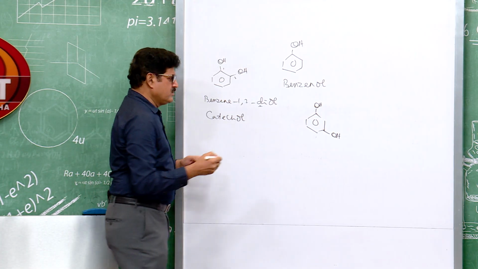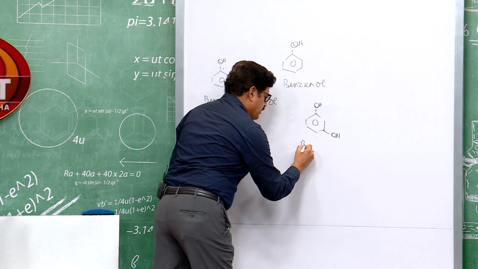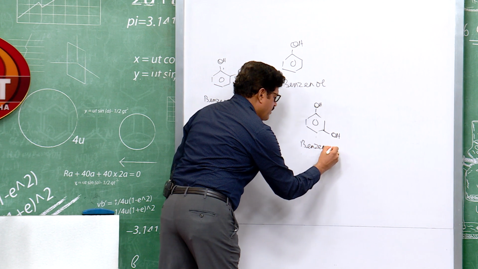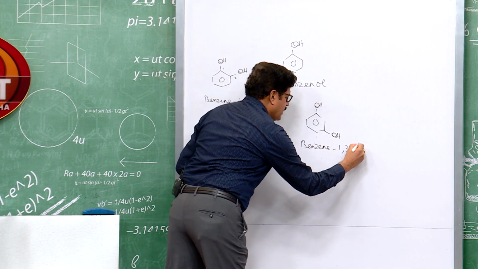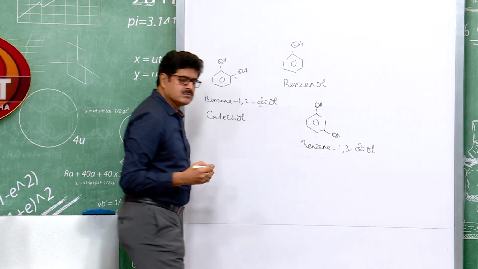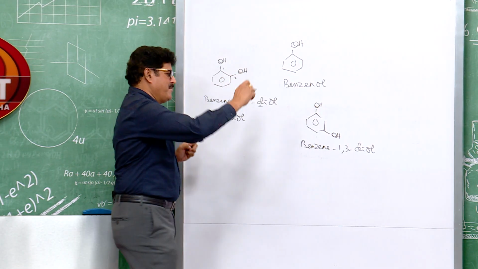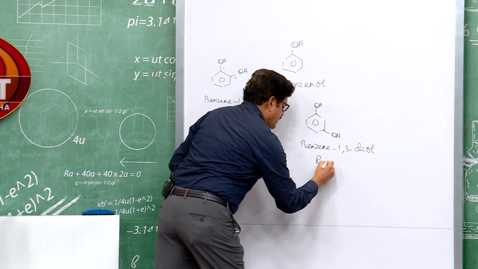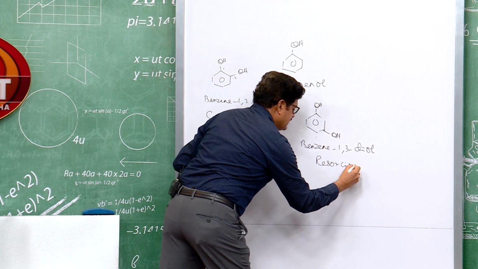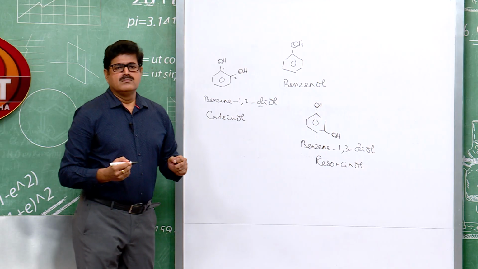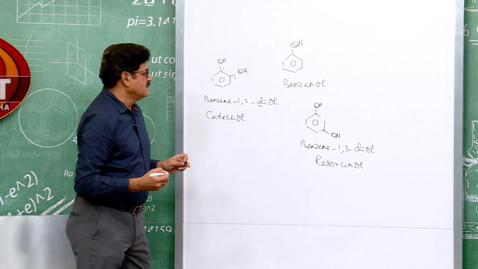Can you name this compound? The IUPAC name is very simple. You can name it benzene 1,3 diol, and it is very popularly known by the common name resorcinol, also called resorcinol.